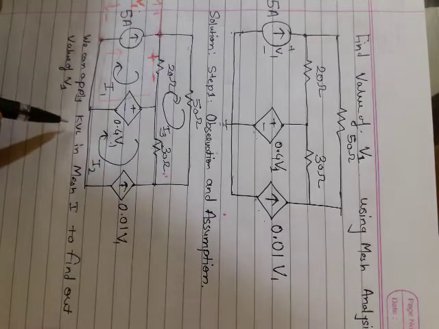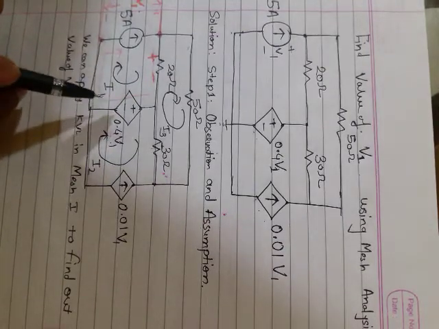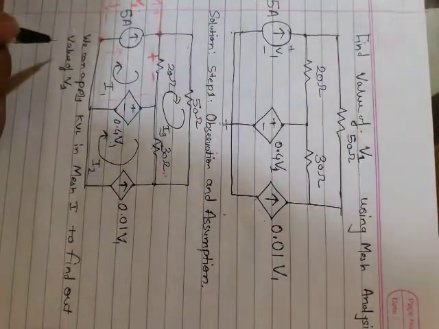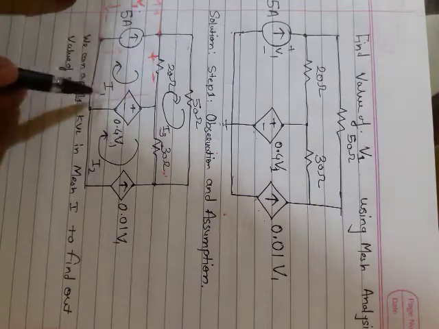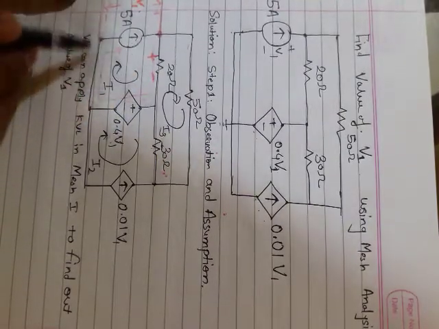KVL is nothing but Kirchhoff's voltage law: the summation of the voltages in a closed loop is equal to 0. That's why in this particular direction I am applying KVL. So I am going in the clockwise direction.